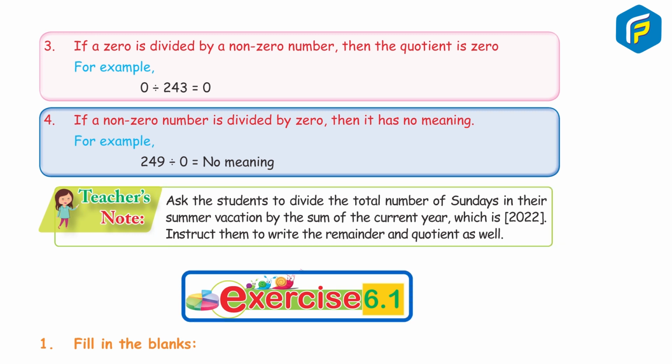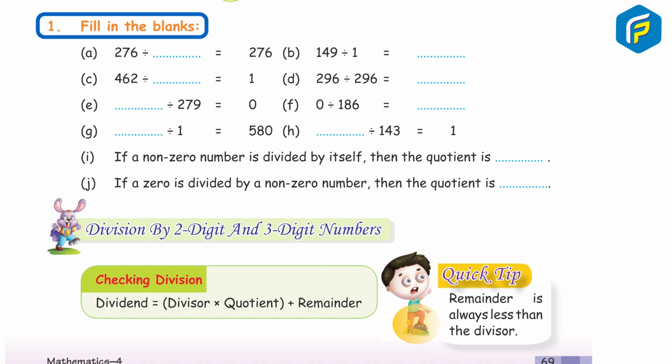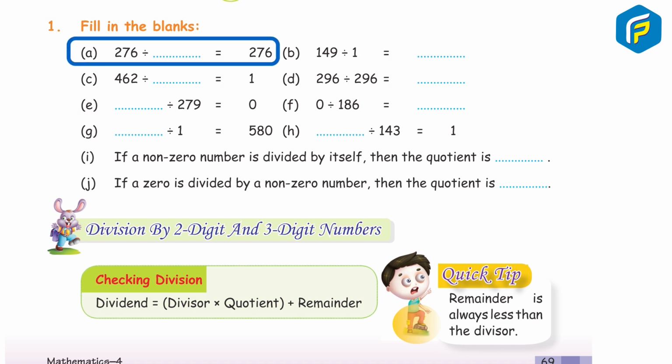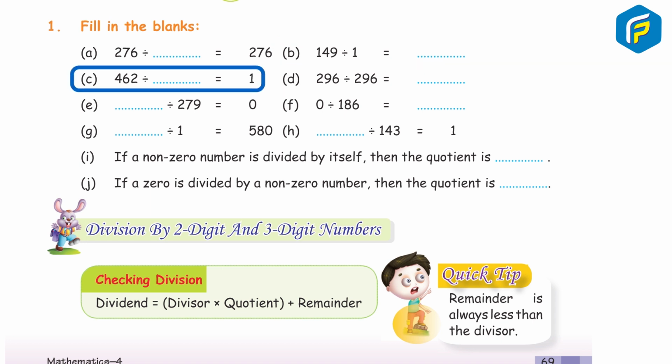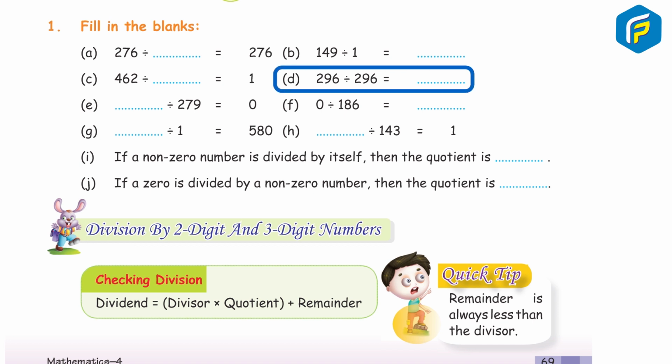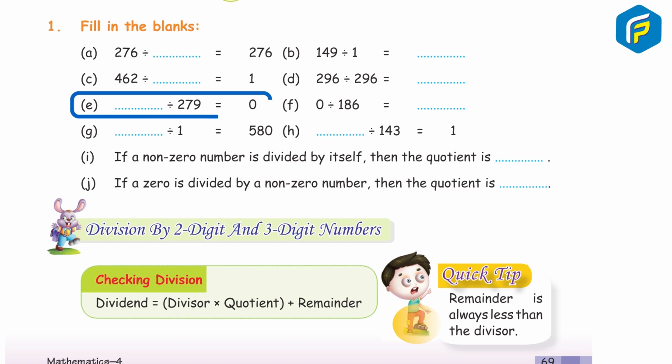Exercise 6.1. 1. Fill in the blanks. A. 276 divided by 1 is equal to 276. B. 149 divided by 149 is equal to 149. C. 462 divided by 462 is equal to 1. D. 296 divided by 296 is equal to 1. E. 0 divided by 279 is equal to 0.